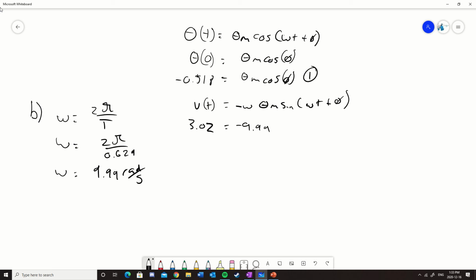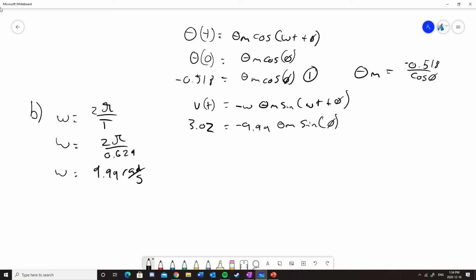We do not know our theta max, and we know that this is t equals 0, so it's just sine of phi. So let's rearrange this here for the variable we want. Theta max is equal to negative 0.518 over cos phi.